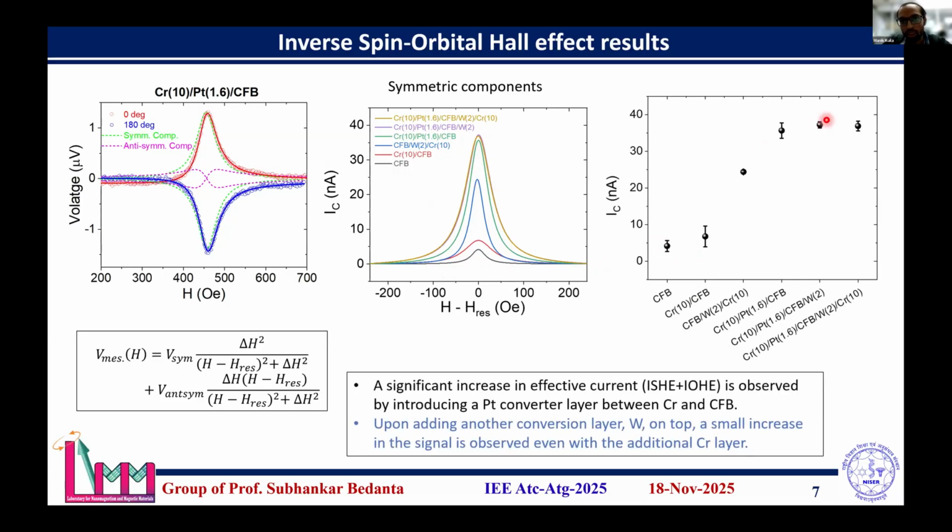We plotted the amplitude here again, and we can see that with normal chromium there is a very small signal of the inverse effective charge current, and when we introduce the platinum, there is a large enhancement of the signal. This might be due to the orbital contribution. But upon adding another conversion layer, the tungsten on top, there is a small increase, and also with the chromium on top there is not much increase.